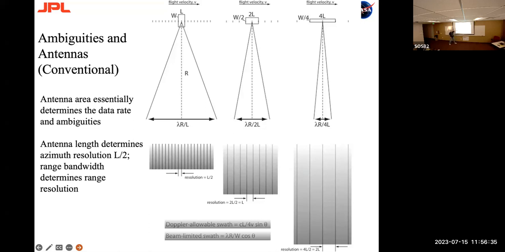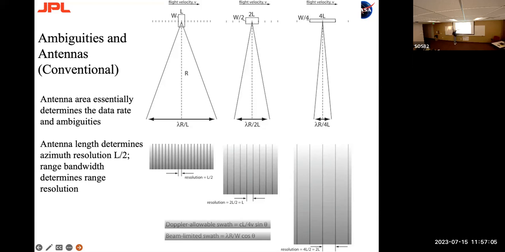If we're trying to get our full resolution of L/2, then we get a particular swath width, and this extra energy that is constantly coming in from all other places folds in. Those are called range and azimuth ambiguities, and it's related to the way we sample the data in both range and azimuth. We have to arrange our antenna size appropriately depending upon the swath width we want and how much resolution we want to get.